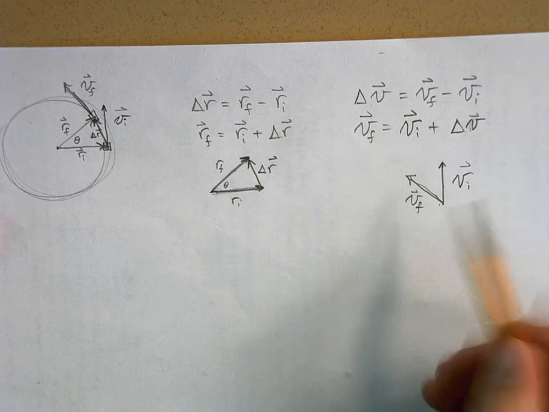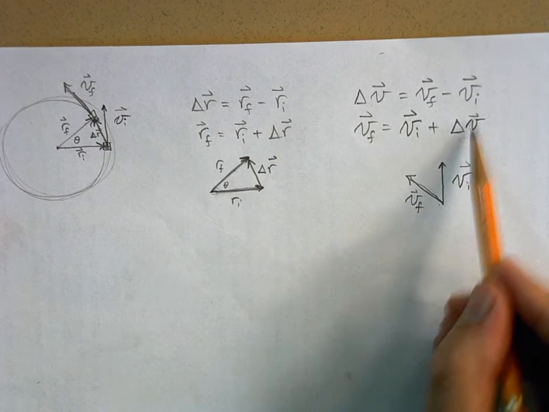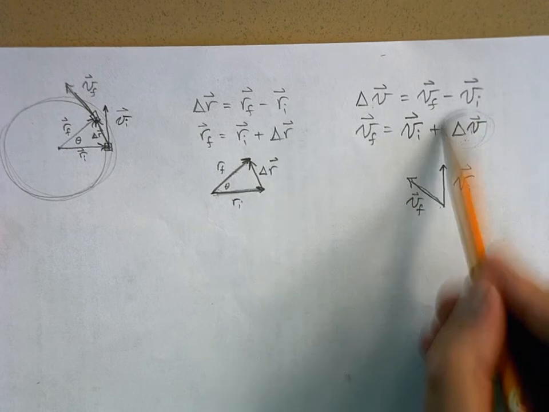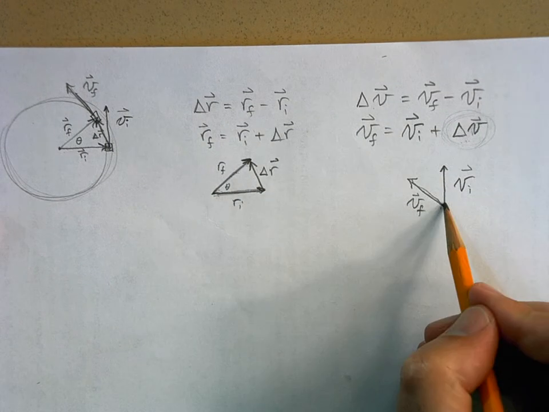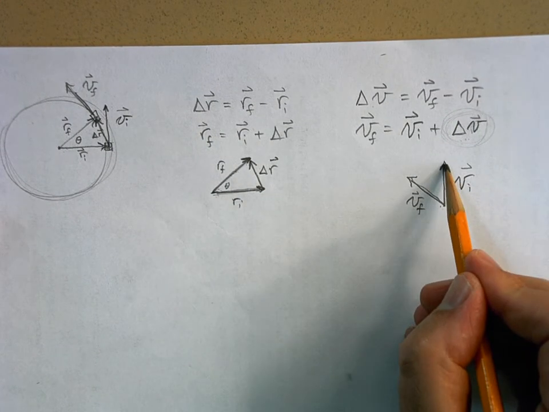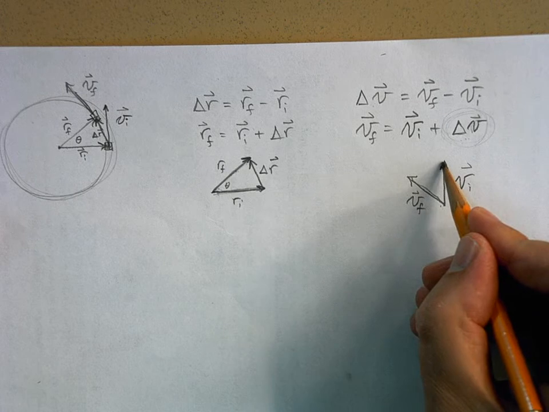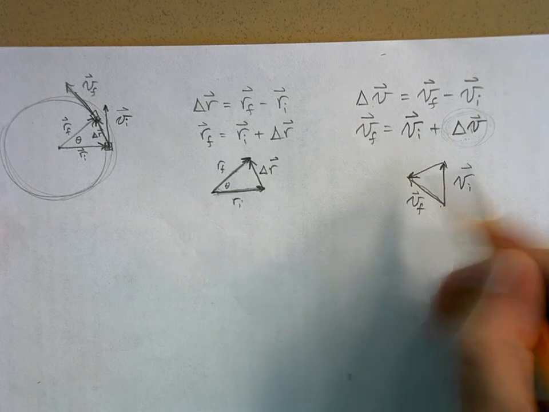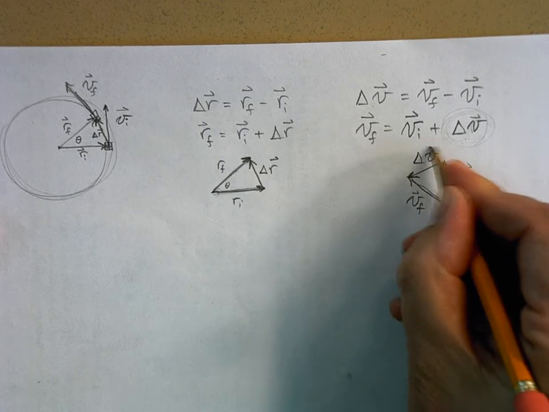And so the delta V, the change in velocity, is my initial velocity vector plus delta V equals that.